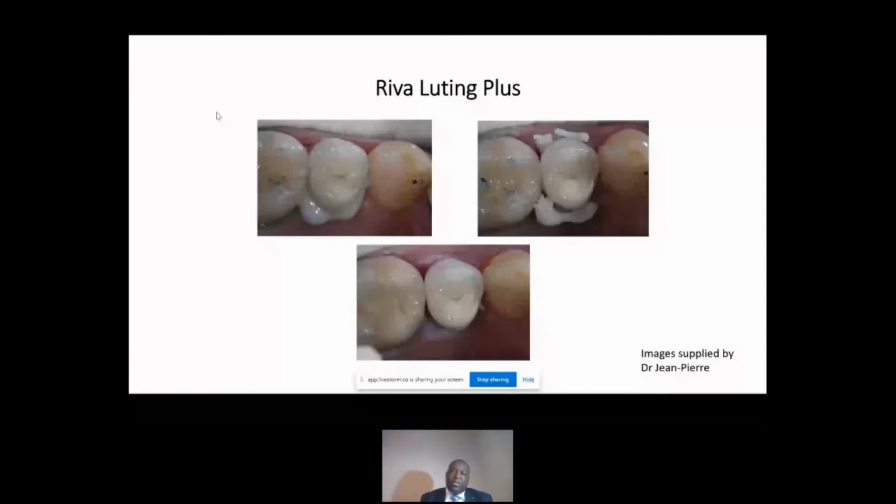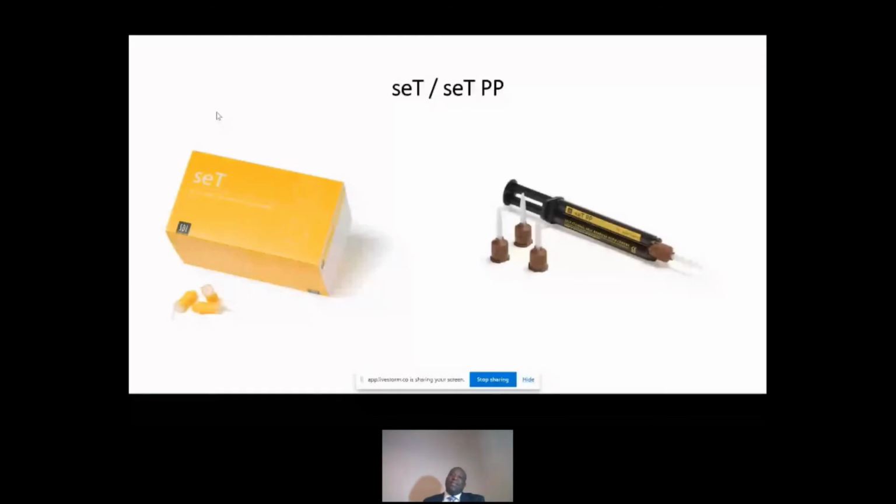Now, the second product I'd like to talk about is SET or SET PP, and this is a self-etching cement. As we said earlier on, the first product that came to market and has a lot of presence, I'm talking about in the UK, and I don't know, in South Africa, was Reliax Unisem.